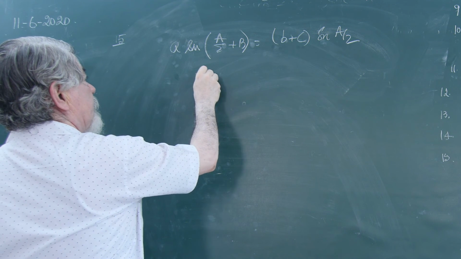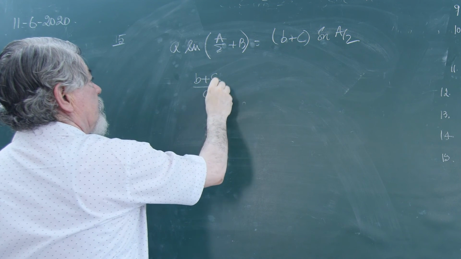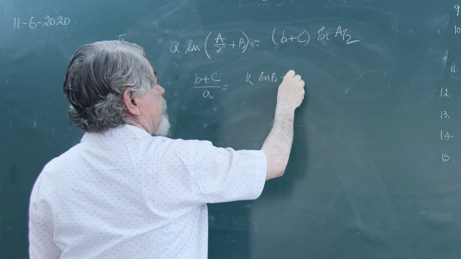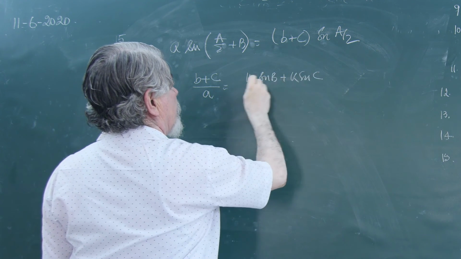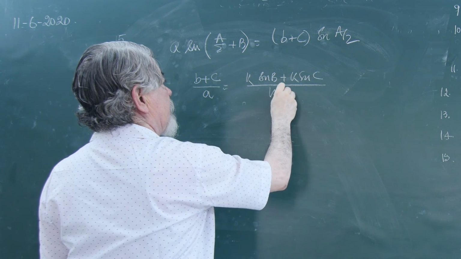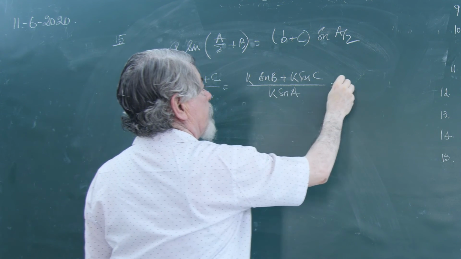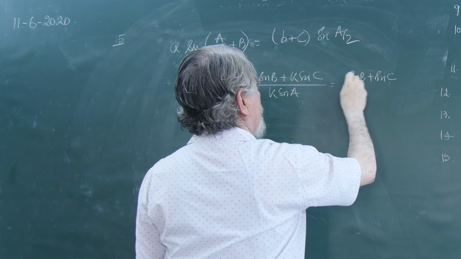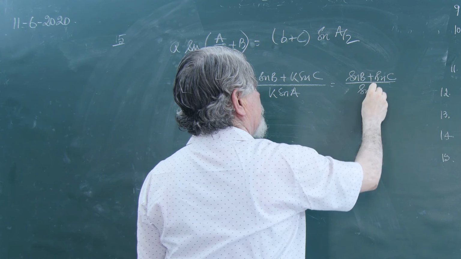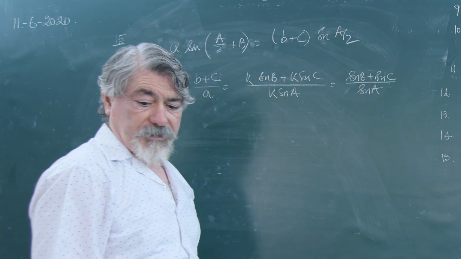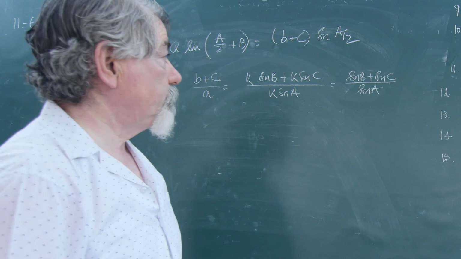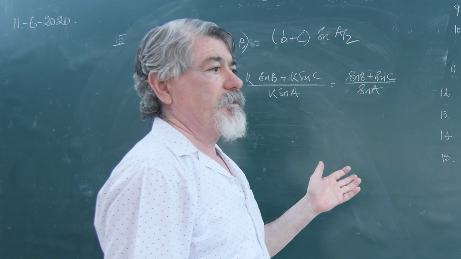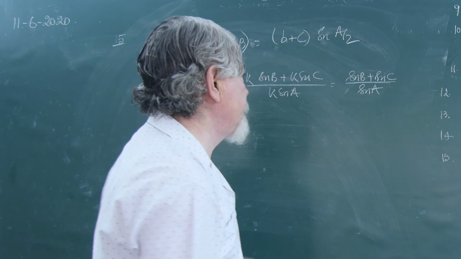B plus C upon A will be k sine B plus k sine C upon k sine A. It will become sine B plus sine C upon sine A. Now sine C plus sine D is 2 sine C plus D upon 2 cos C minus D upon 2.